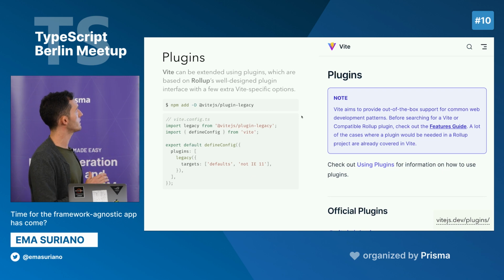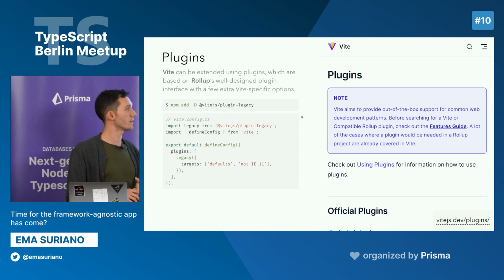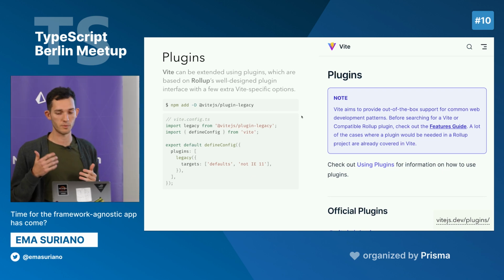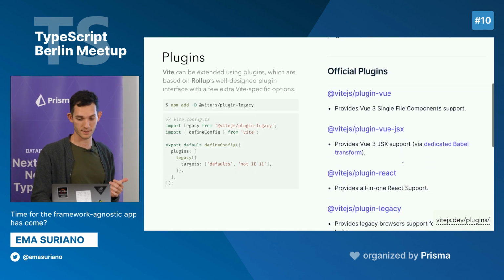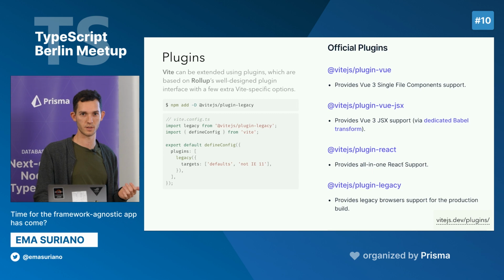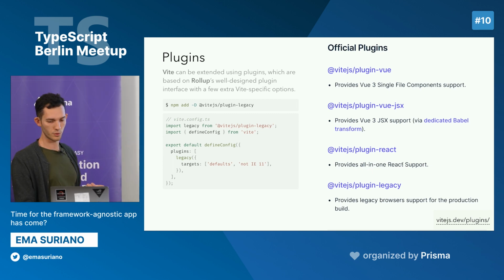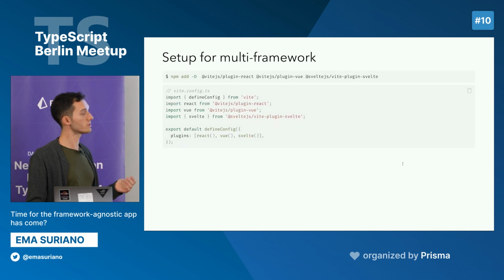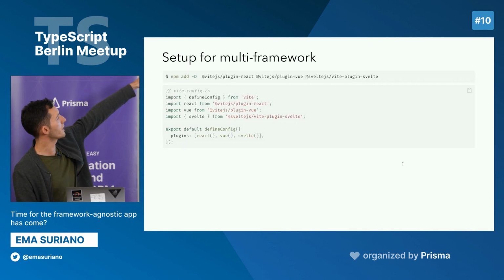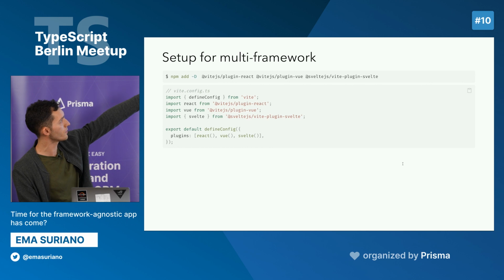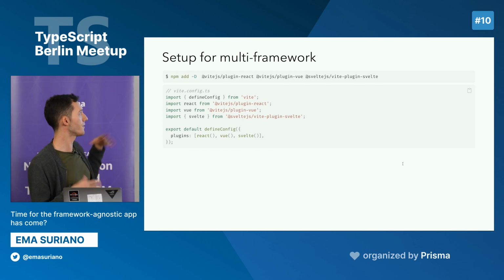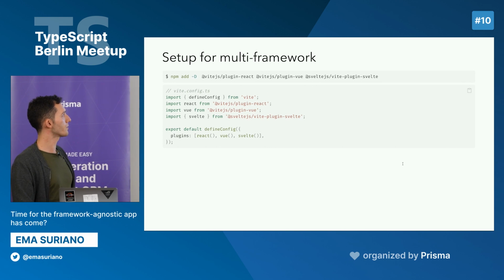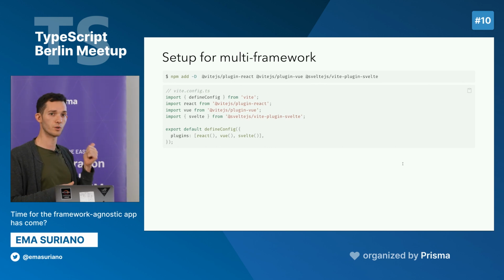In case we want to enhance our project, we can simply add a plugin. And in case you're wondering, yes, we can add plugins for frameworks. So it's actually quite simple to build a setup like this, where we add our plugin for React, plugin for Vue, plugin for Svelte, and then, in theory, we can render components right away, as I showed before.